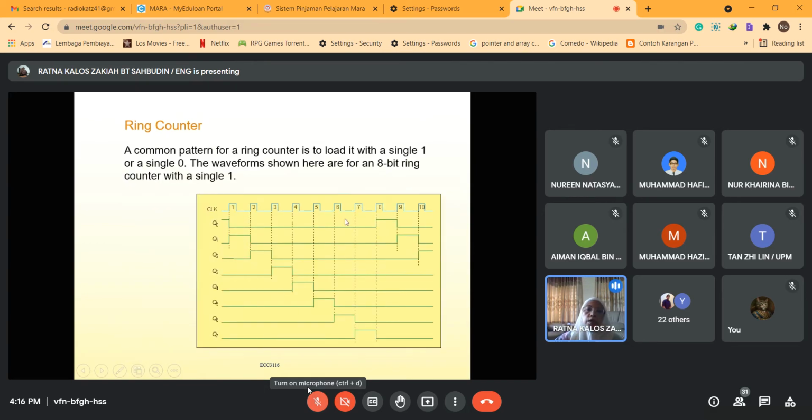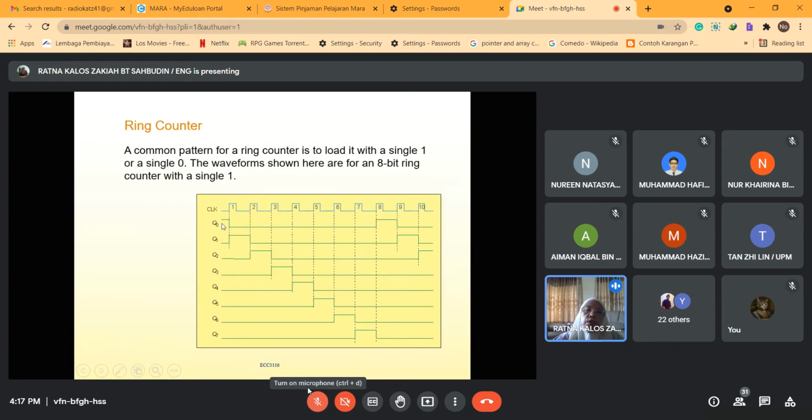So now we look at the ring counter. A common pattern for a ring counter is to load it with a single 1 or a single 0. You only load one single bit, either 1 or 0. The waveform shown here is for an 8-bit ring counter with a single 1.